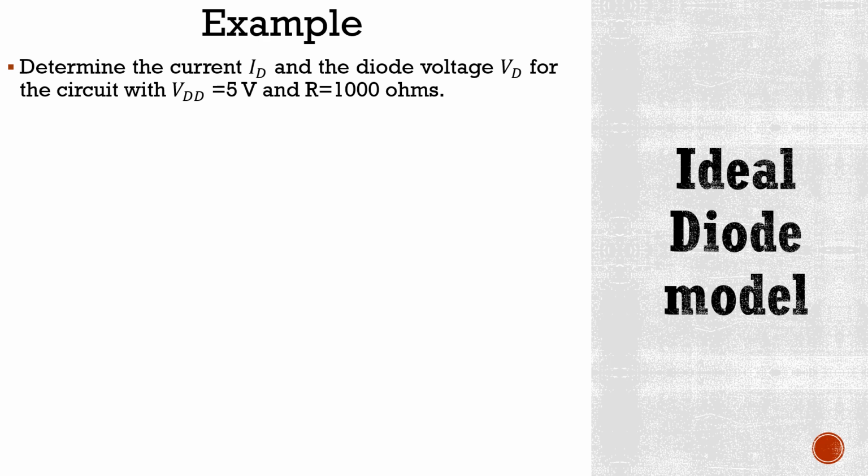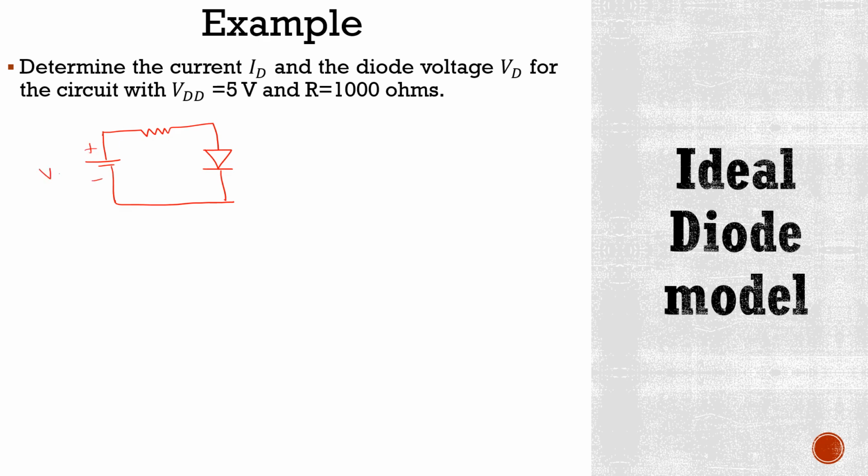Now look at this example. If you have to determine the diode current ID and the diode voltage VD for the circuit where VDD is 5 volts and R is 1 kilo ohm, how are you going to analyze it? Suppose this is your ideal diode model.